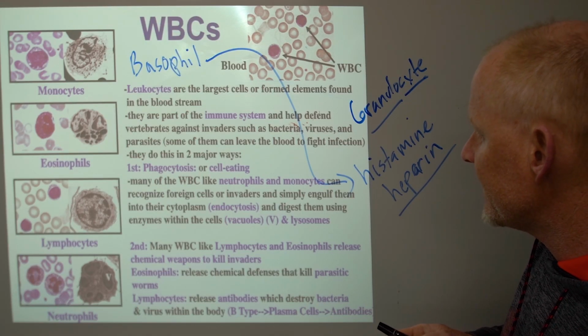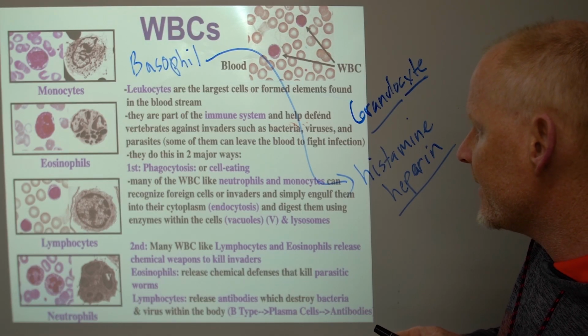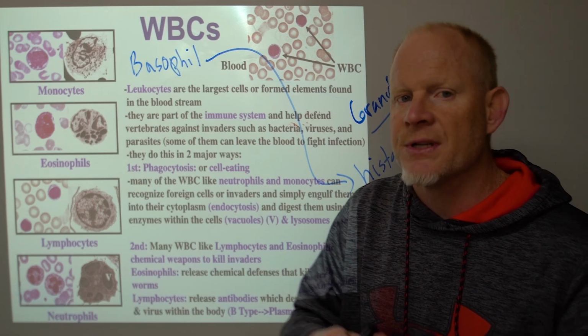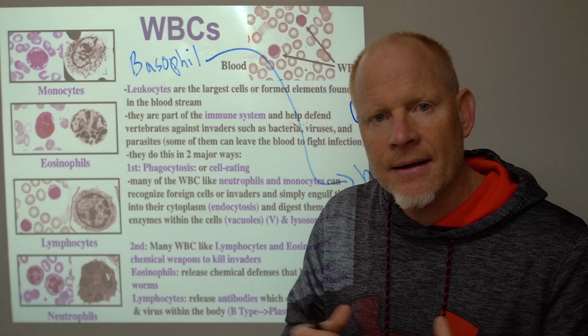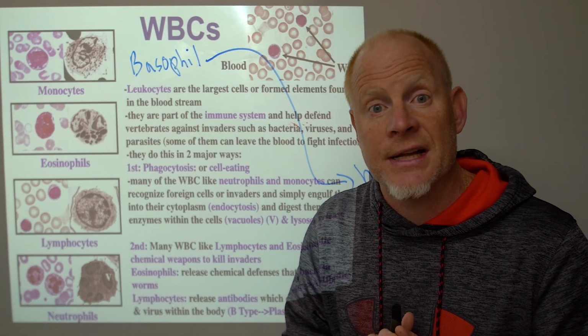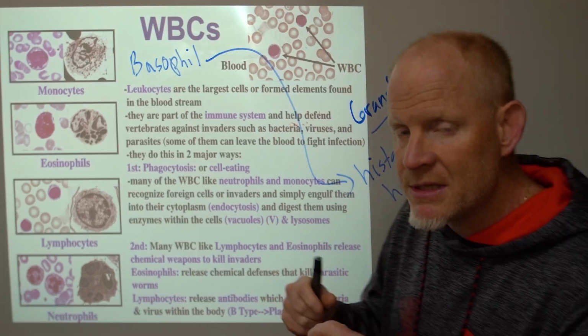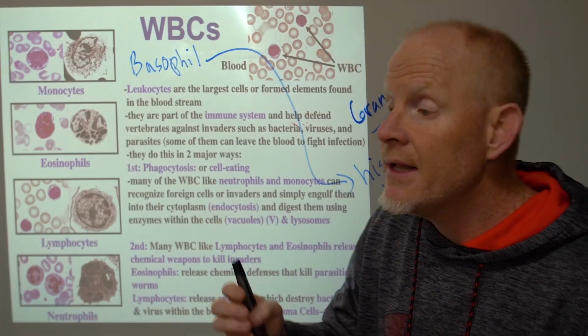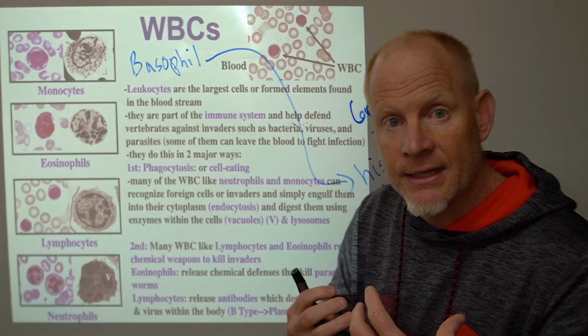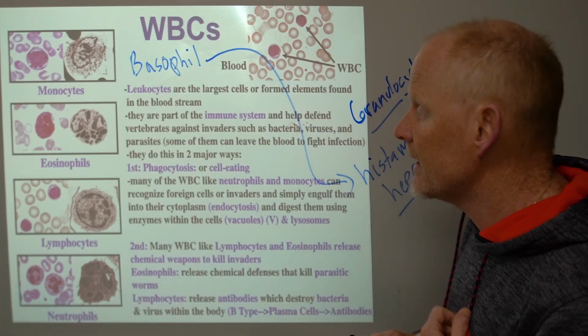So monocytes become macrophages, and the macrophages are going to protect the body by doing phagocytosis mostly. They can release some chemical weapons, but mostly they would run into something foreign. They would grab onto it, ingest it, pull it into the cell, and break it down. And that's what monocytes do.